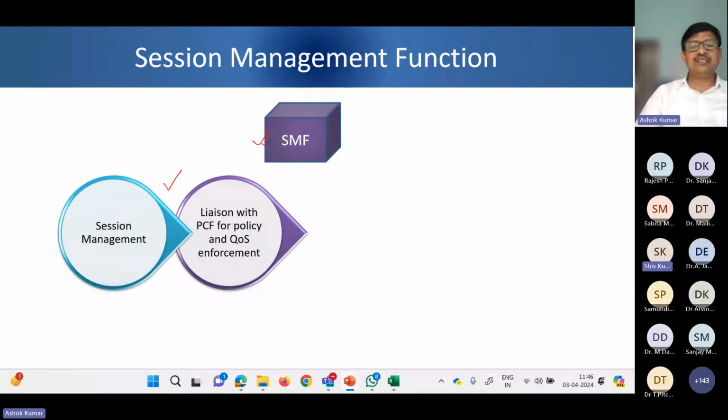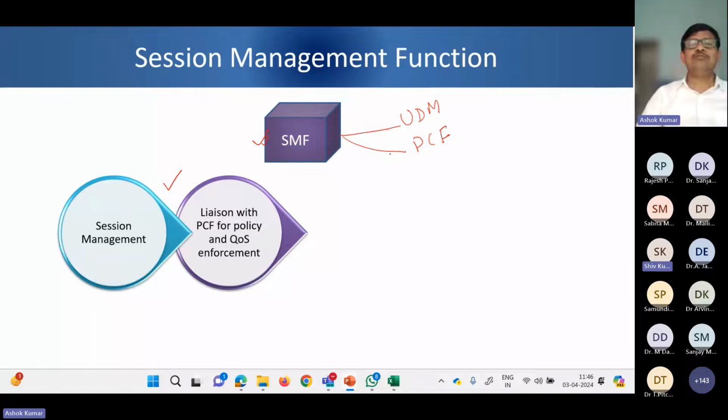Now the second function of SMF is that since it has to manage quality of service, it talks to unified data management and also talks to policy control function. From unified data management, SMF gets the subscription of the user, what the user has subscribed.